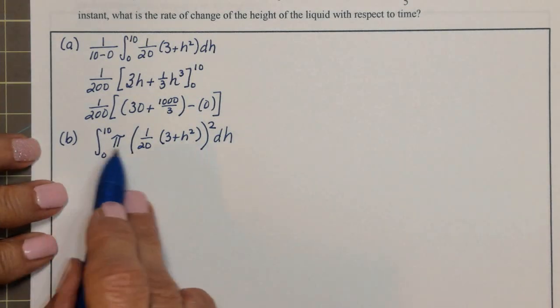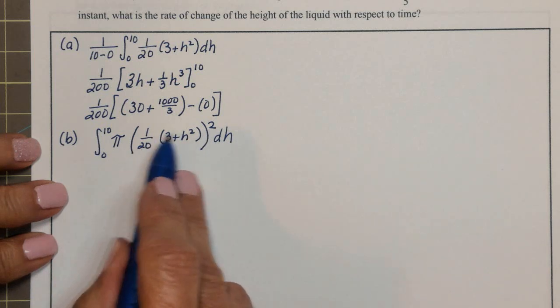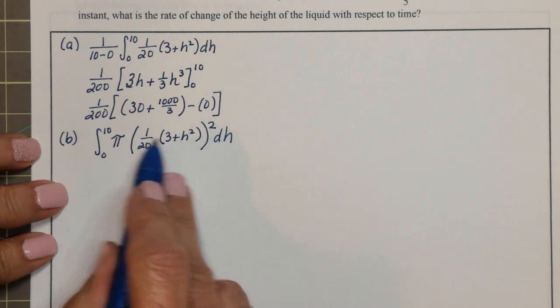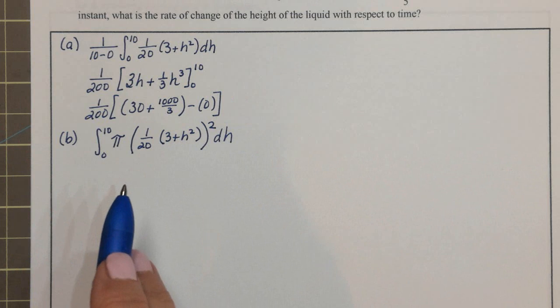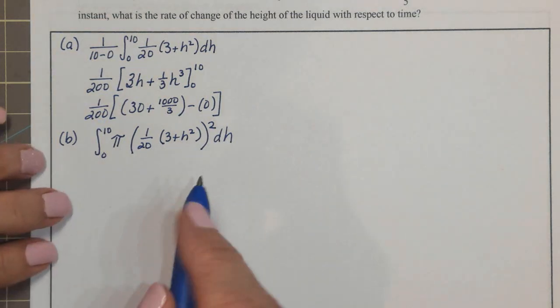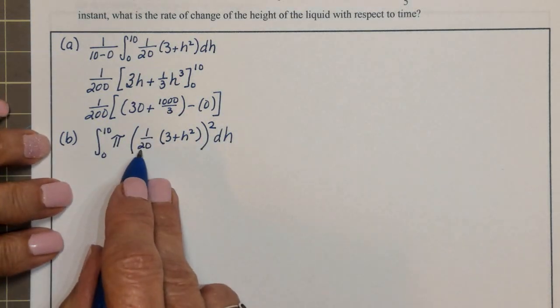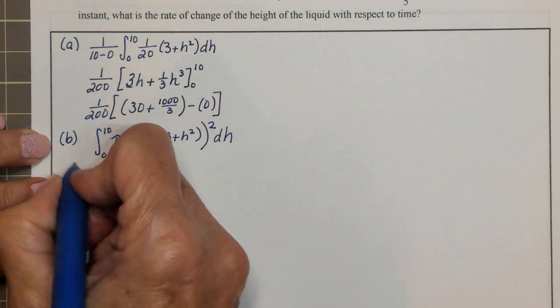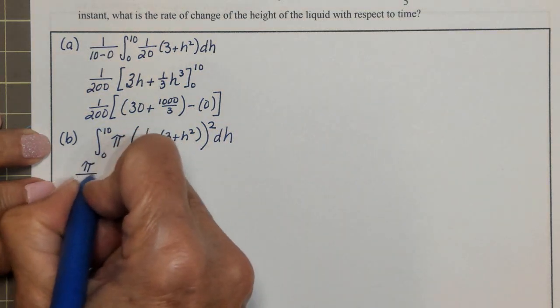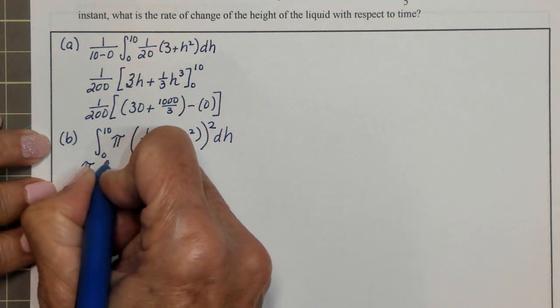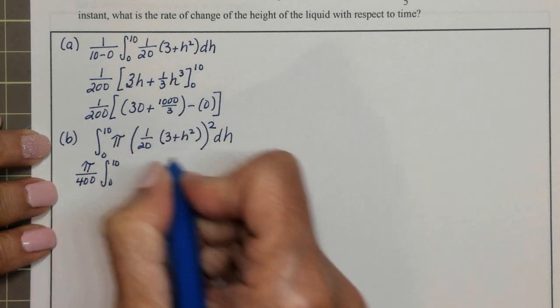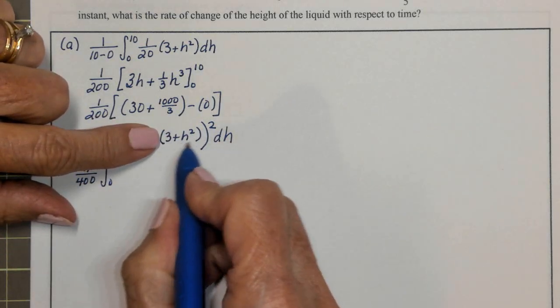I'm going to be taking out the pi, but I'm also, since this is a product, I'm just going to square each piece and multiply them together. That's how you square a product. So I'll have 1 over 400 times pi. I'm going to take out pi over 400. And now I'm going to square this remaining thing.